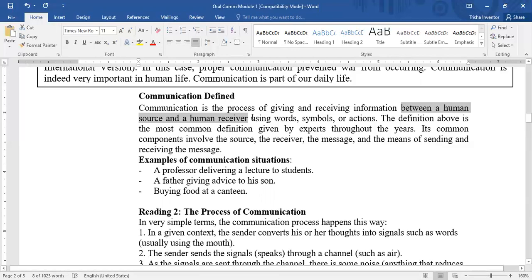Okay, this may be using words, symbols, or actions. If we were face-to-face right now, mostly I would be using symbols and actions. You would see me using actions, my body moving, my hands moving. But as of now, you are only hearing my voice, or the words that come out from my mouth.